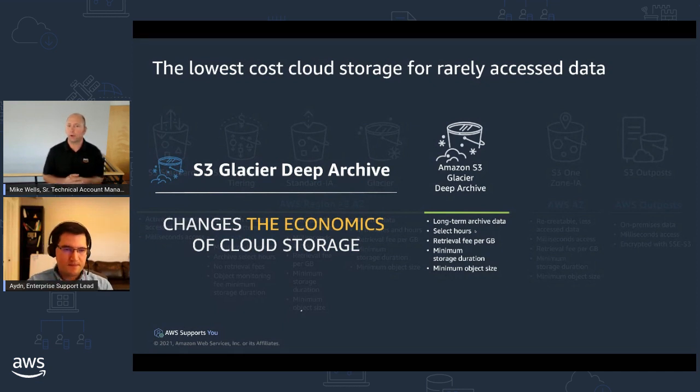S3 Glacier Deep Archive replicates your data across at least three Availability Zones within a single region, giving you unmatched resiliency to single data center issues like power failures. It has the same design for 11 nines of durability that we have in the other S3 storage classes.